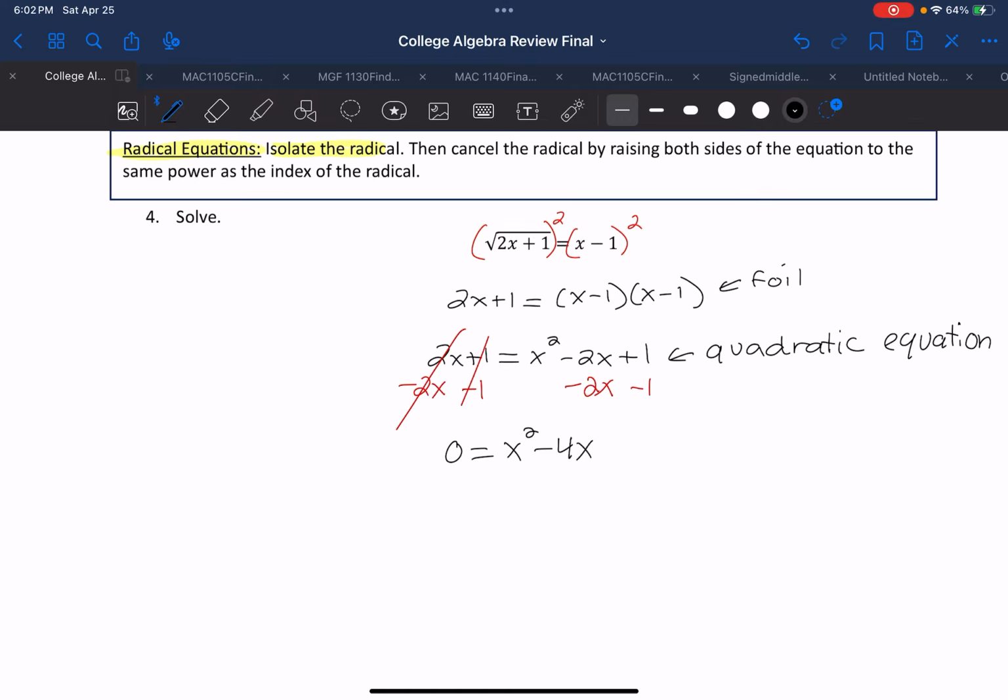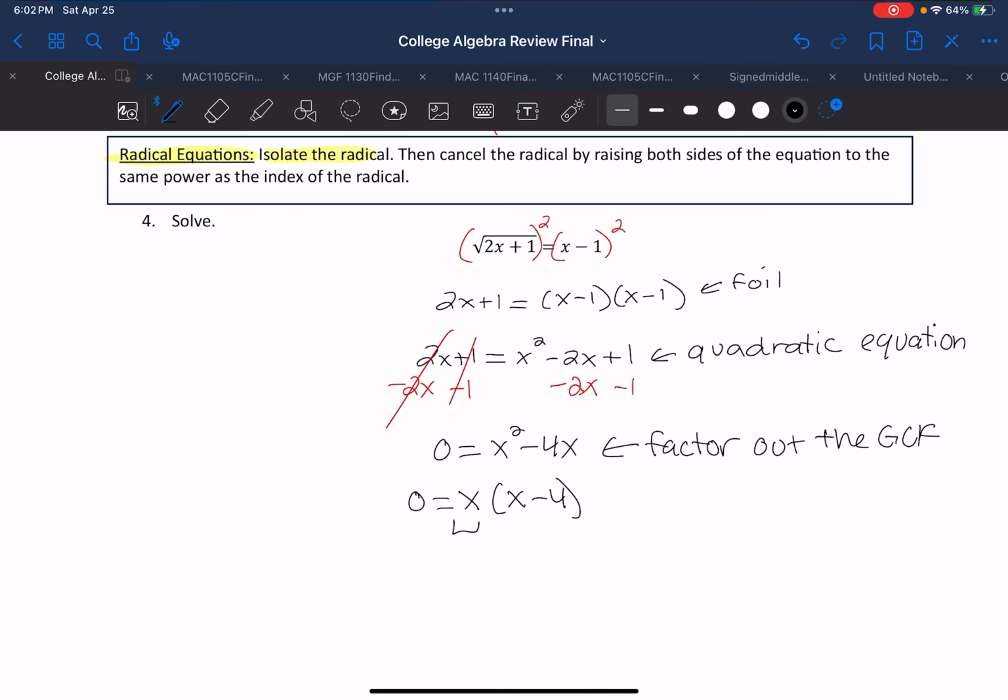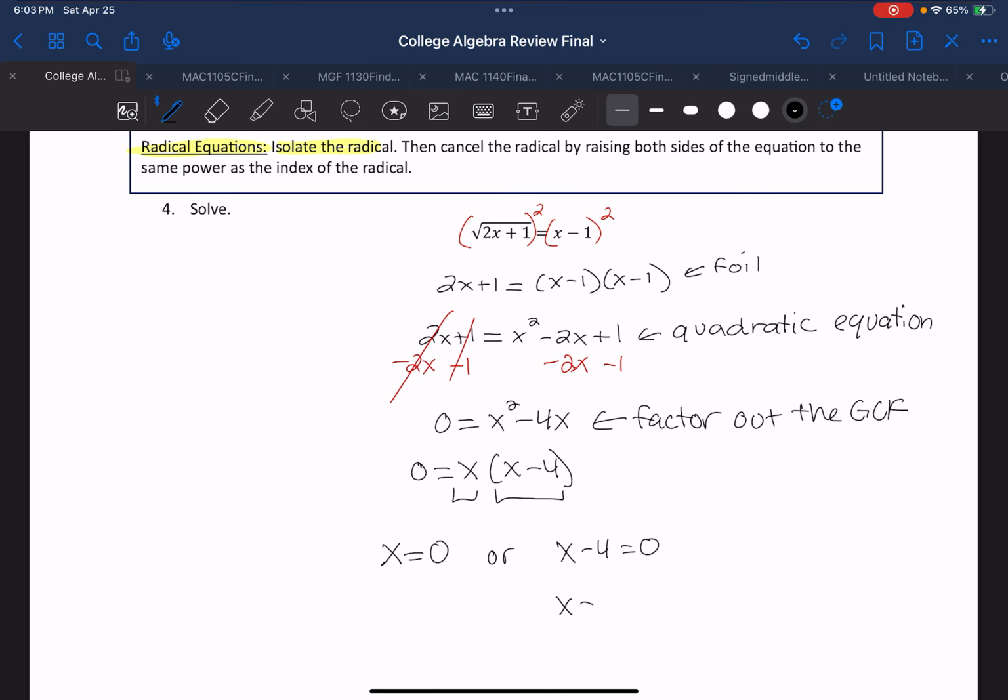So now I will just factor out the common factor because they both have a common factor of x. So factor out the GCF, which is x, and that will leave me with x minus 4. And then I'll set each one of these factors equal to 0. So x will be equal to 0, or x minus 4 will be equal to 0, which means x will be equal to 4.